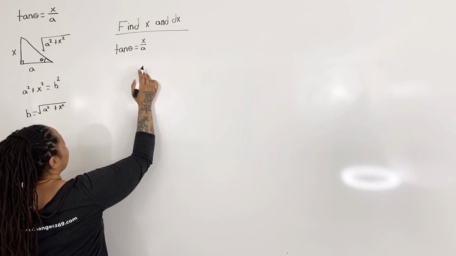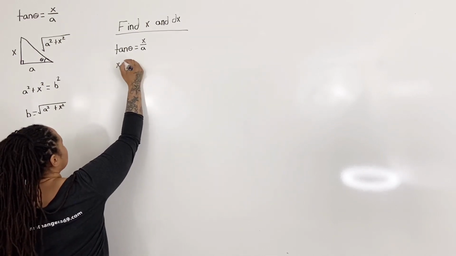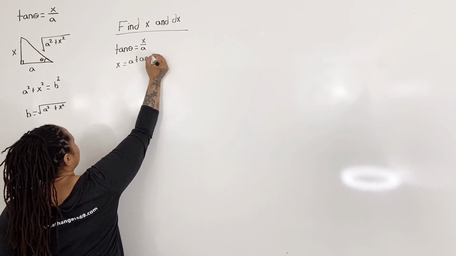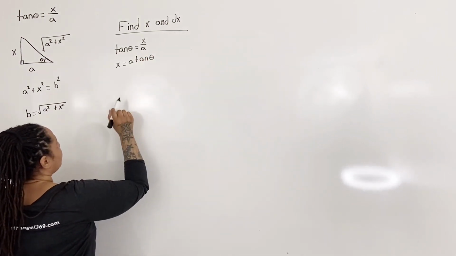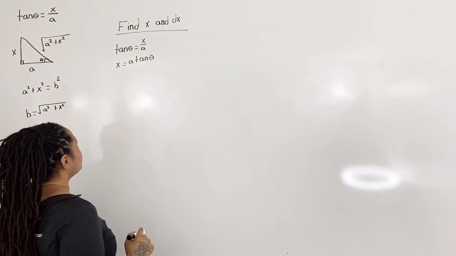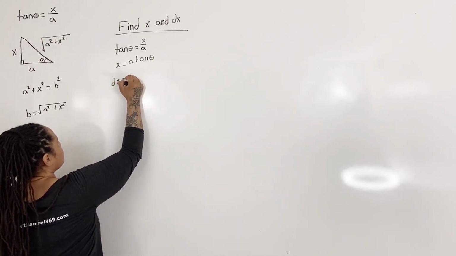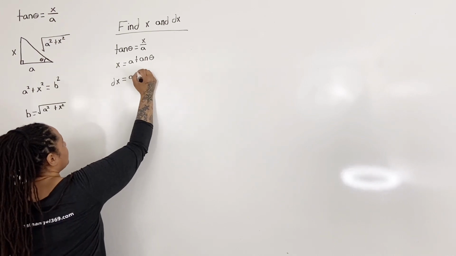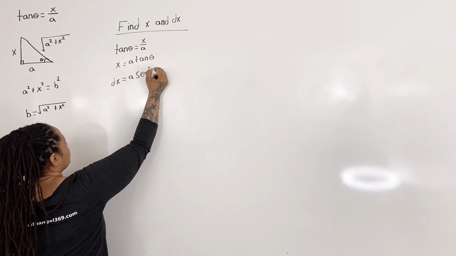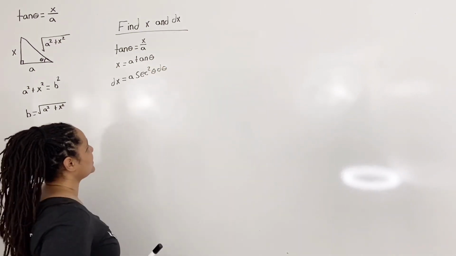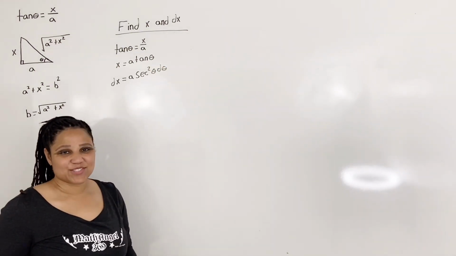And if I solve for x, then x is equal to a tan theta. Now if I find dx, then dx is just going to equal a secant squared theta d theta, because the derivative of tangent is secant squared.